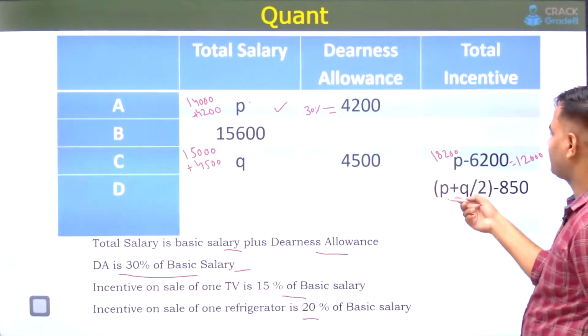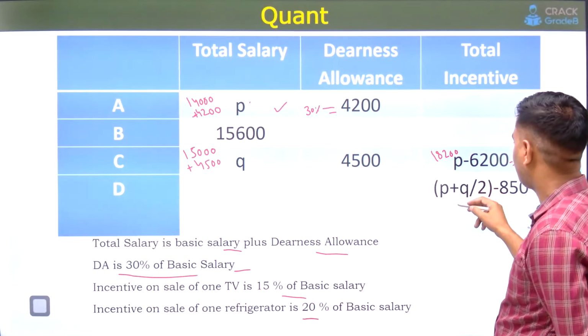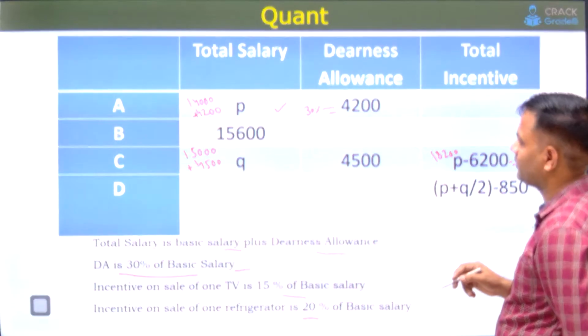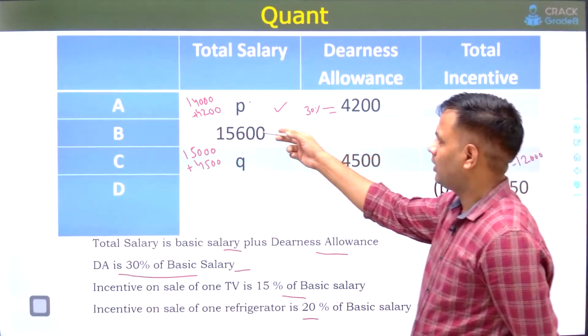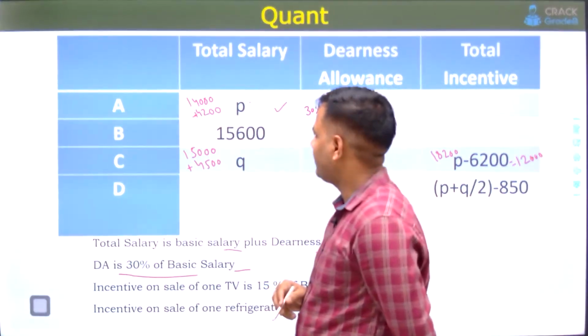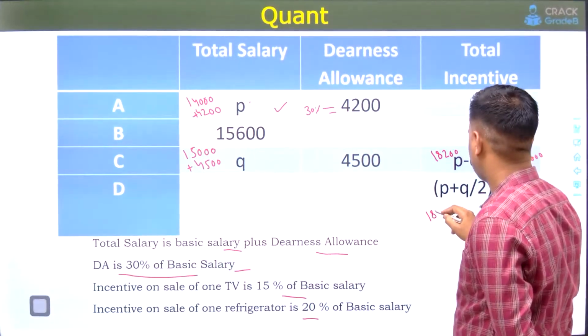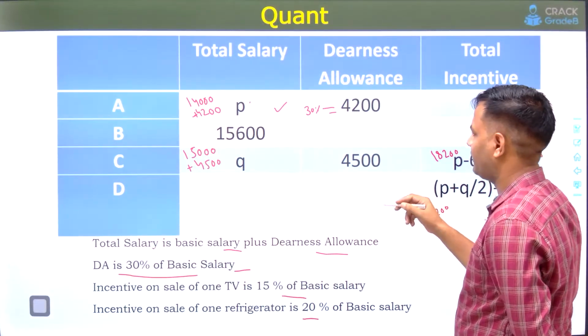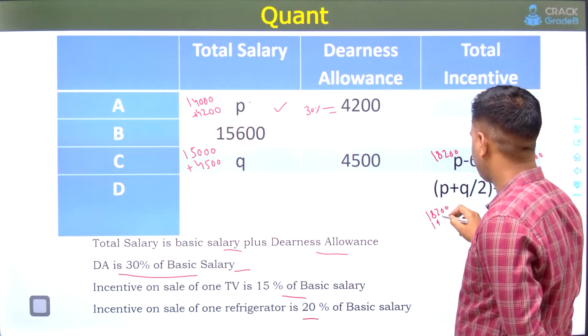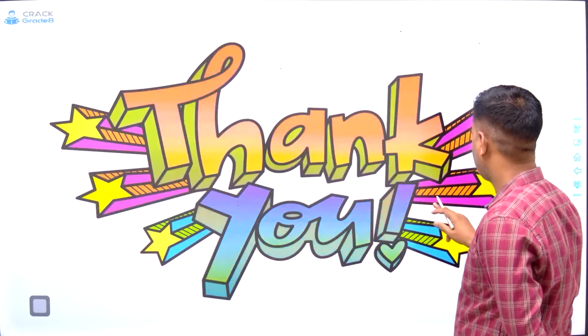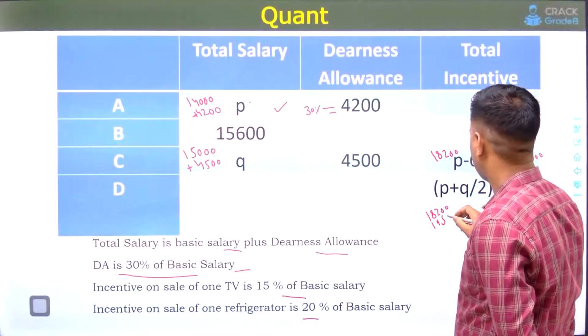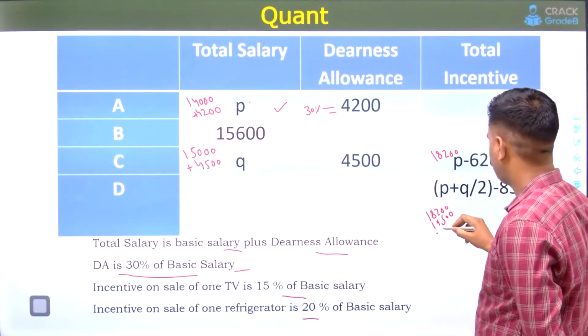And for this, P plus Q by 2, meaning total P plus Q by 2. P plus Q is 18,200 plus 19,500.